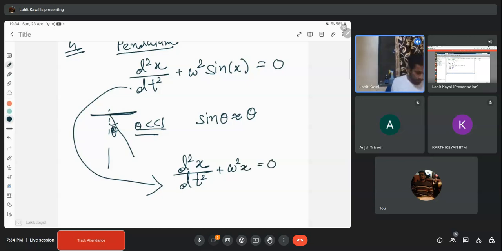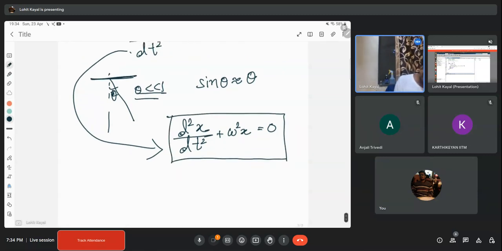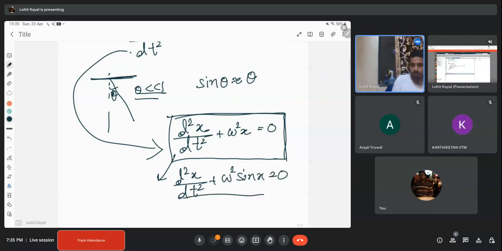Now we can solve this problem. First I will show you how the phase portrait of this linear system looks like. Then I will show how the phase portrait of the original pendulum, that is omega square into sine x, looks like.